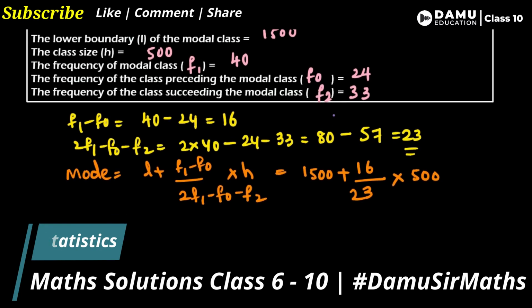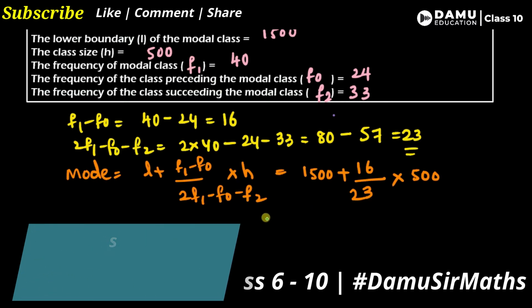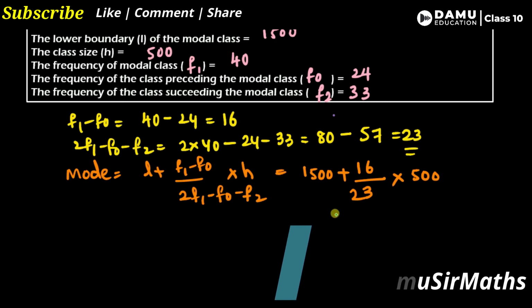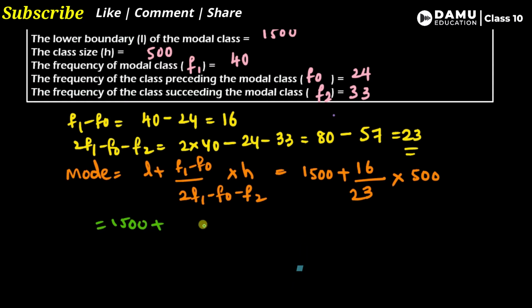So we can take the LCM or cancel directly. 1500 stays as it is. 16 into 500 is 8000, by 23. 8000 by 23 gives 347.82.